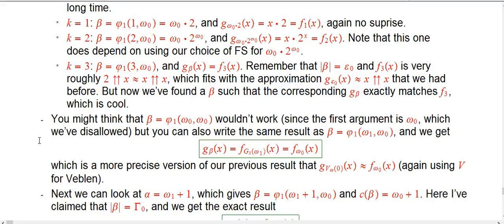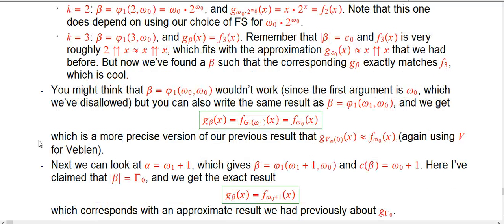Gx of a successor is the successor of the gx, so the plus 1 just comes through, and the reduction of an omega 1 is omega naught. Okay, so that's our reduced version. Okay, and the exact result is that this very powerful beta that is of height gamma naught, one of our favorite ordinary ordinals, the g beta of that is something that gives you f omega naught plus 1.